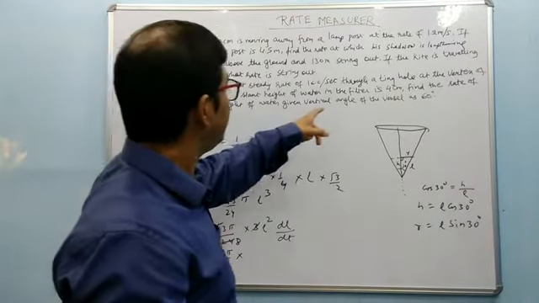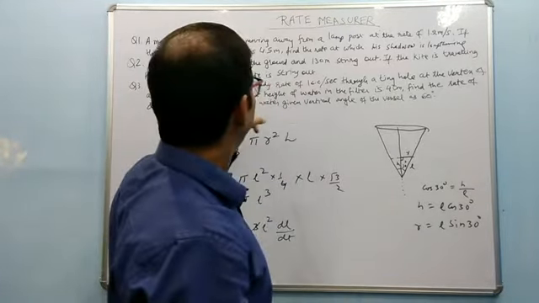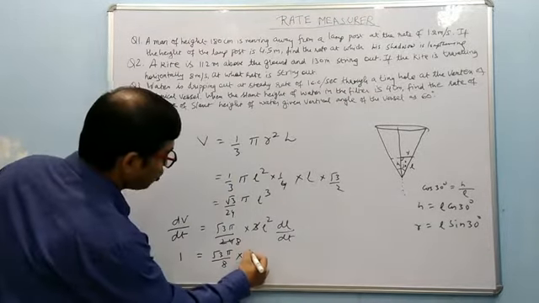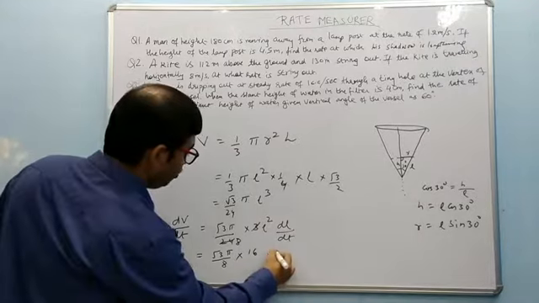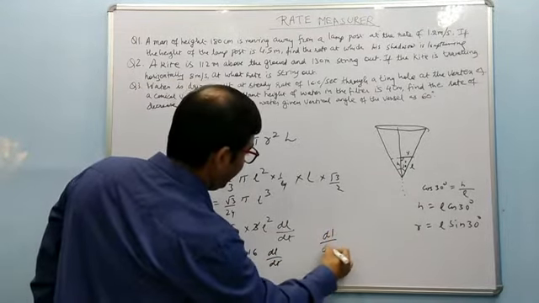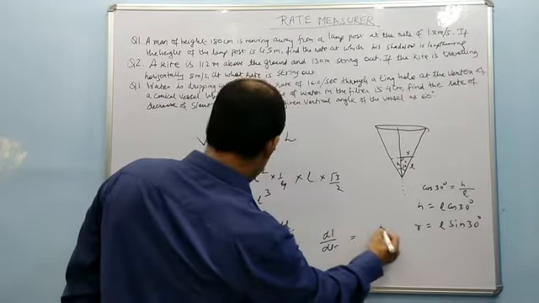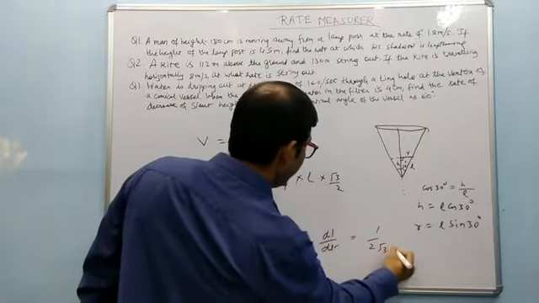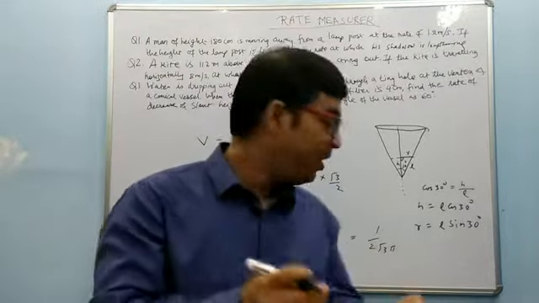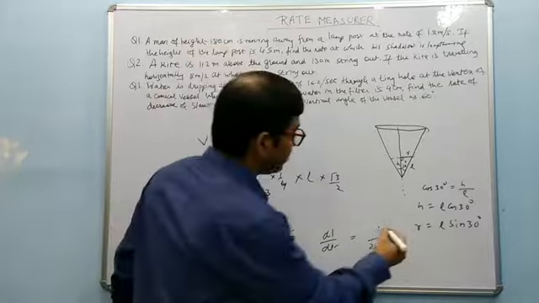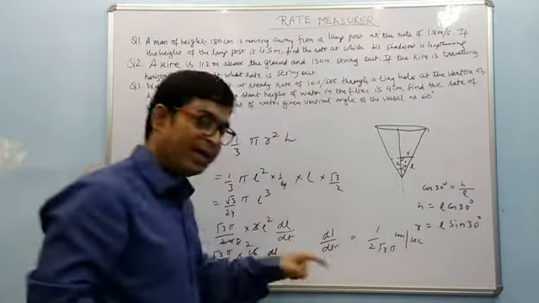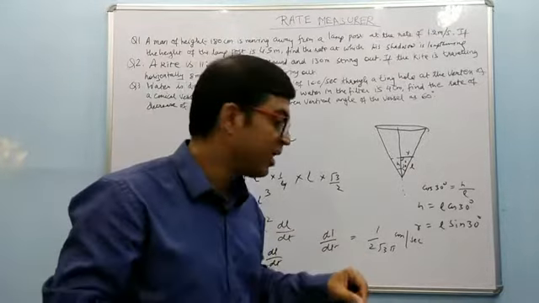The L at that particular moment is given, when the slant height of the water in the filter is 4. So it is 4 square, that is 16, into dl by dt. So dl by dt is coming out to be 1 by 2 root 3 pi. L is length, so centimeter per second. Just don't forget to write the unit centimeter per second. So you will get the rate of change of the slant height.